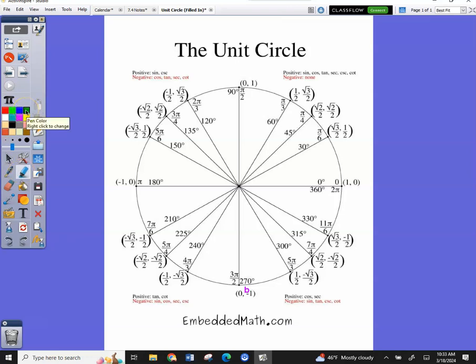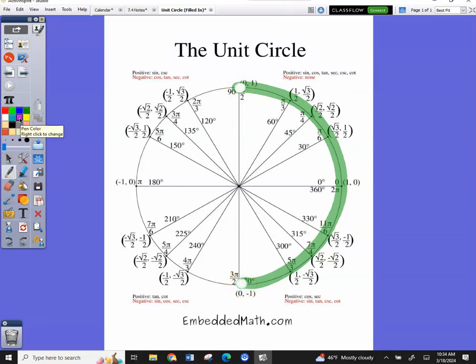So let me highlight first. Let's highlight the range that we're allowed to answer from. I am putting an open circle right here. Okay.